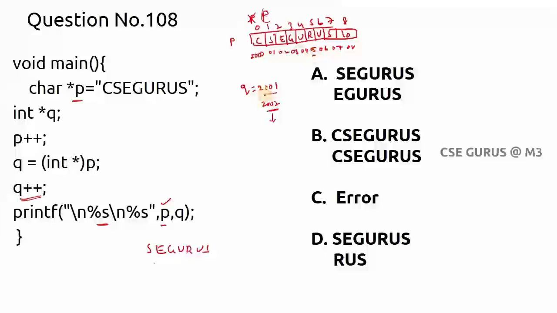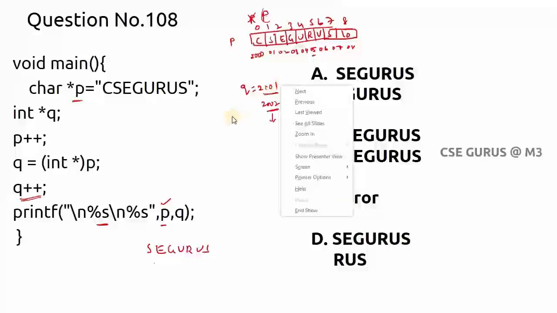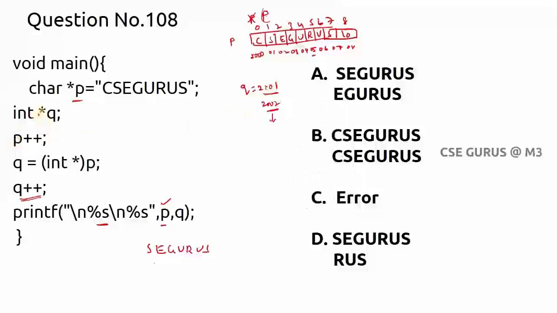Now you can see the position of q is 2001. If I make q++, when it is a character data type, it will be incremented by 1. But if it is an integer data type, it will be incremented by 4 bytes. So 2001 plus 4 will become 2005. So now the position is here, and the character is R. Now the position of q is from here.